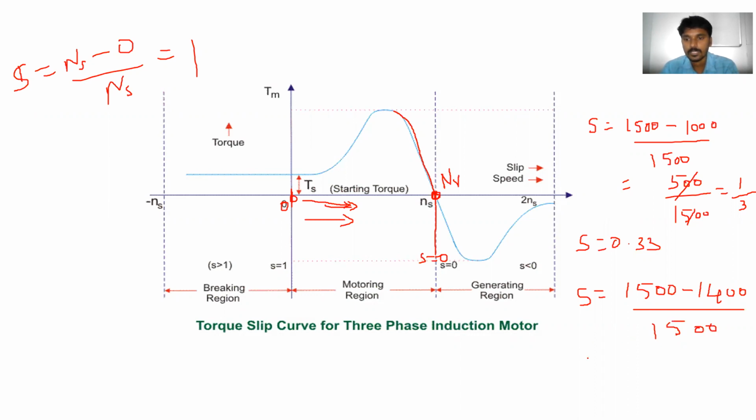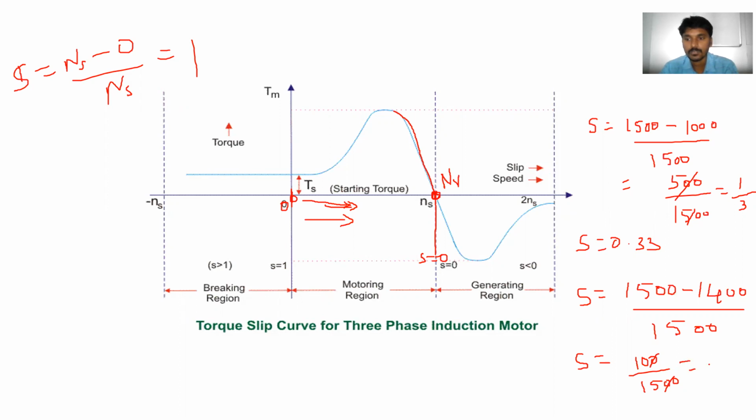So what is the value of the slip? 1500 minus 1400 is 100, divided by 1500.